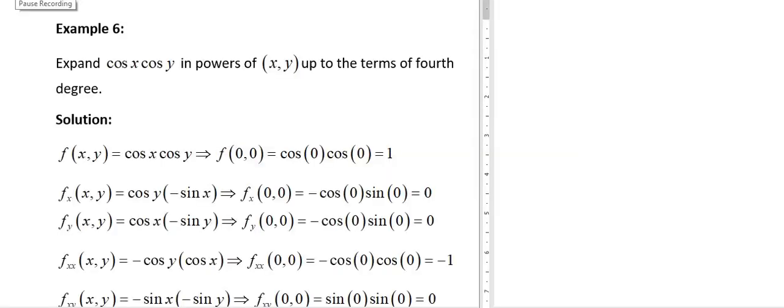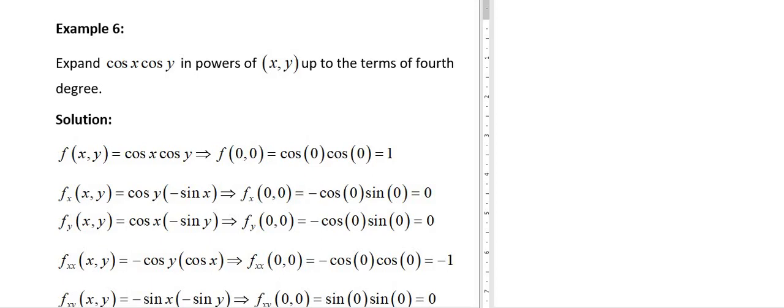Next question. Expand cos x into cos y in powers of x, y up to the terms of fourth degree. Whenever the question asks for terms up to the fourth degree, we want to find partial derivatives up to fourth order.